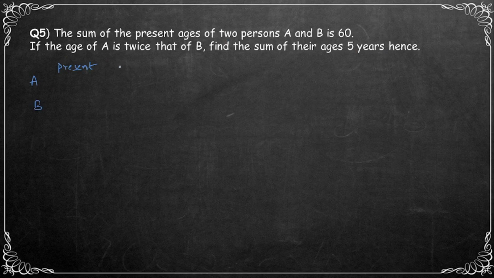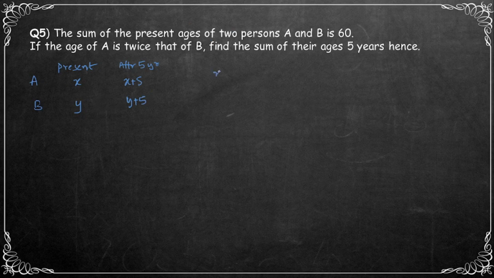So that means after 5 years, right? Now they say that present ages, let's say x and y, after 5 years it will be x plus 5 and y plus 5.